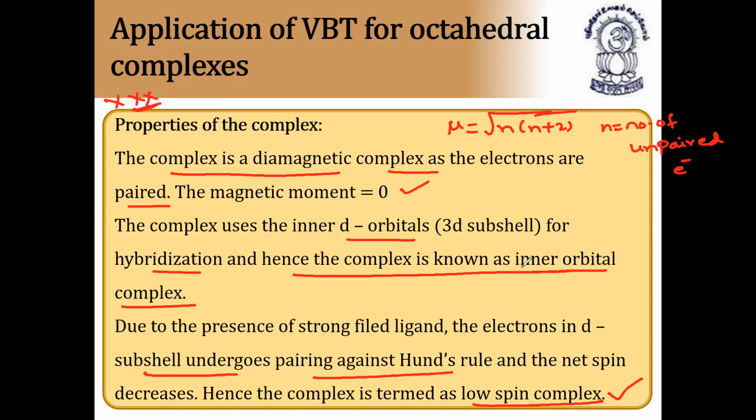If (n minus 1) d electrons, that is the 3d subshell, are involved in hybridization, the complex is known as an inner orbital complex. Please note this down, this is very, very important.